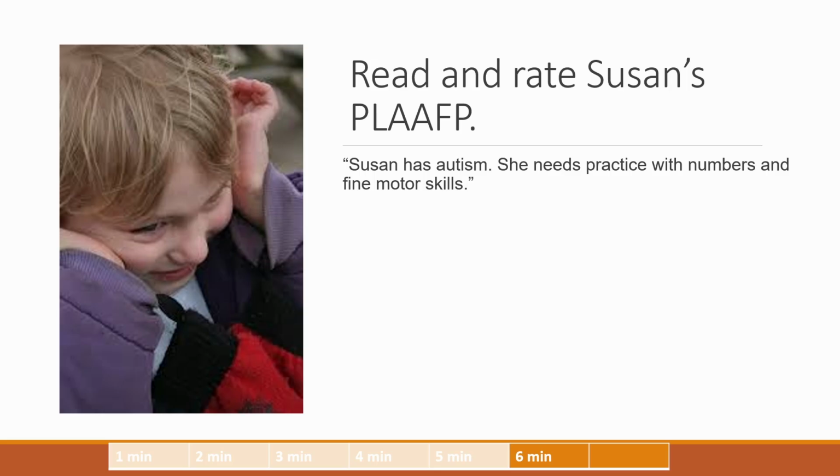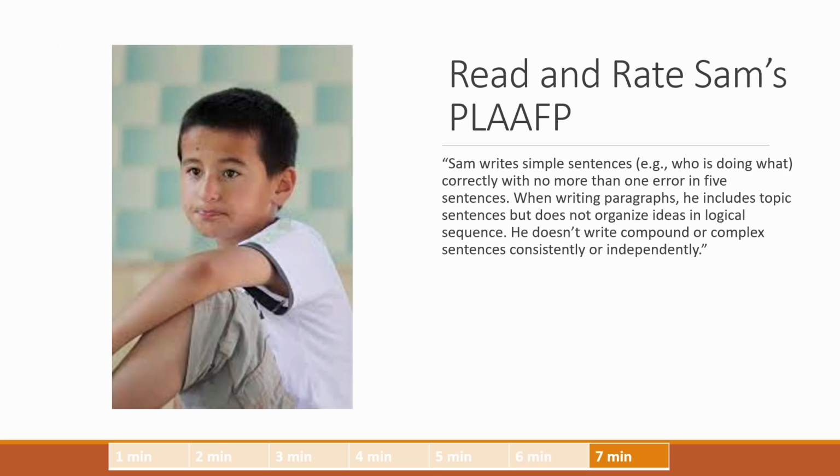This would be like initial brainstorming kind of thinking that the team would need to turn into a PLAAFP statement by conducting a records review, interviewing the student, general education teacher, family, observing student Susan across multiple settings, and giving tests, both formal, informal, standardized, curriculum-based, to develop a more composite profile of Susan's academic achievement and/or functional performance.